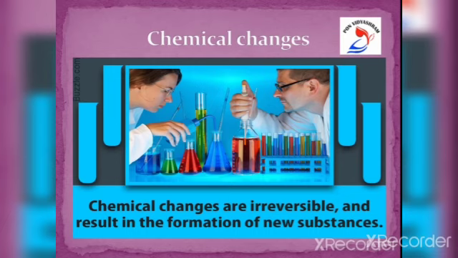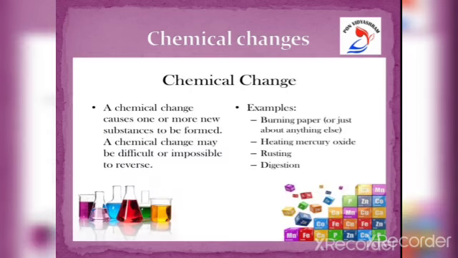When exposed to water, iron becomes a mixture of several hydrated iron oxides and hydroxides. Yeast carries out fermentation to produce alcohol from sugar. A chemical change causes one or more new substances to be formed. A chemical change may be difficult or impossible to reverse.